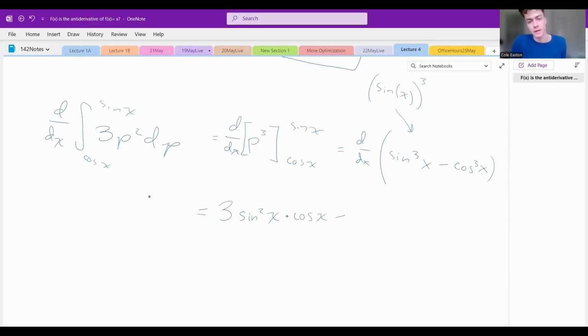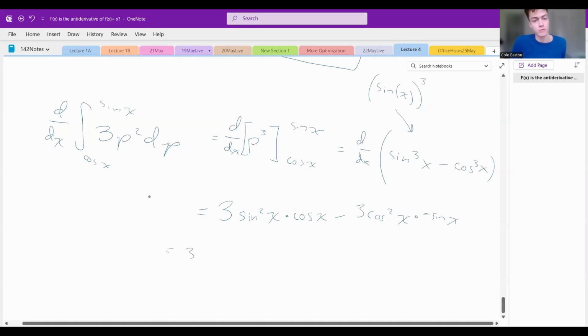Then we go minus, and over here for cosine, same thing again: 3 cosine squared of x, times the derivative of cosine, which is negative sine, so times negative sine of x. Now we notice that these negatives are going to cancel, so we should rewrite this a little bit: 3 sine squared of x cosine of x plus 3 cosine squared of x sine of x.